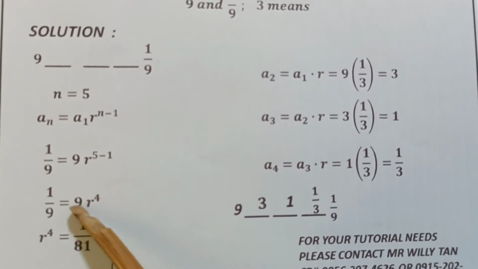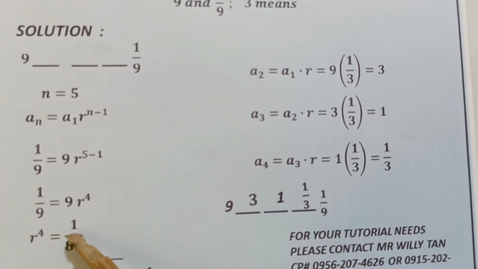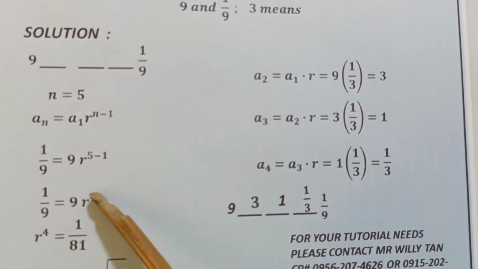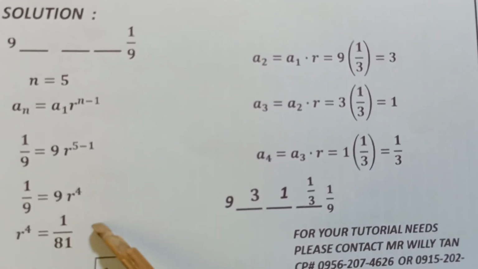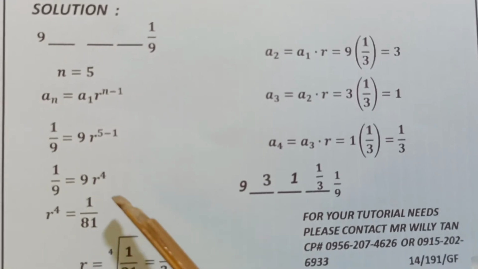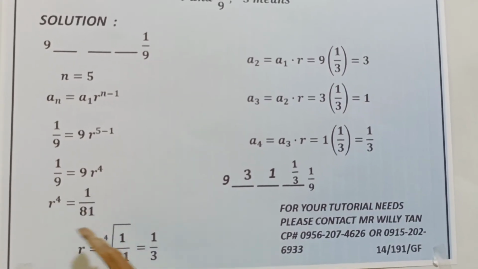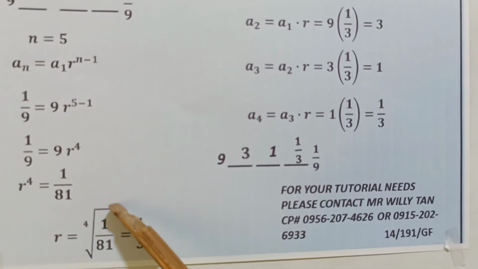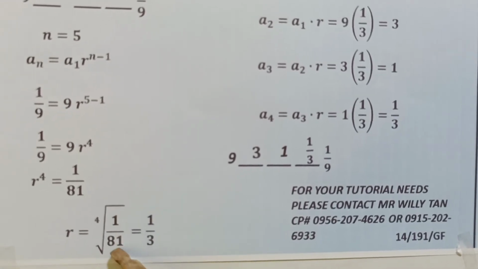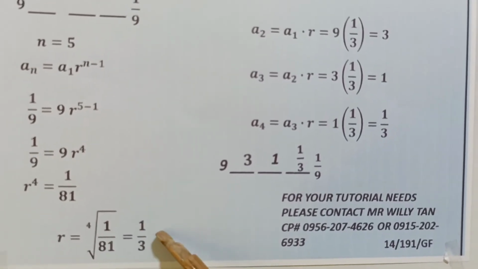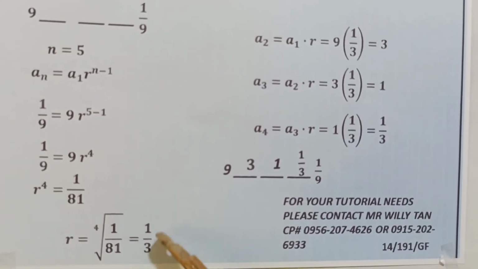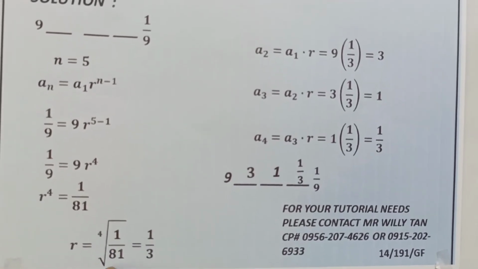Then we divide both sides of the equation by 9. We get r to the fourth is equal to 1 over 81. Solving for the value of r, r is equal to the 4th root of 1 over 81. The 4th root of 81 is 3, so 1/3 will be the value of r.